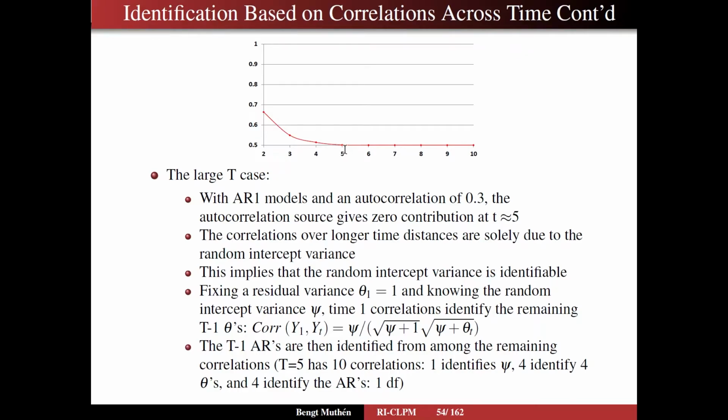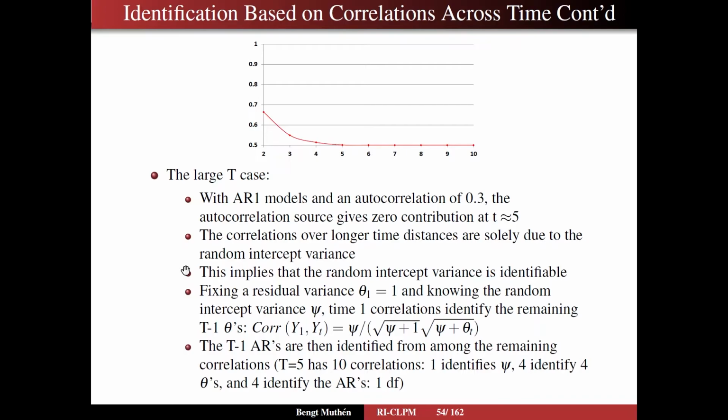So thereafter, the correlation is contributed to by only the random intercept. That means that if we have observed correlations between time point 1 and higher time points further away, we then have sample information about the random intercept variance, the 0.5 value in this case, because correlations of longer time distances are solely due to the random intercept variance. So it implies that the random intercept variance is in principle identifiable.